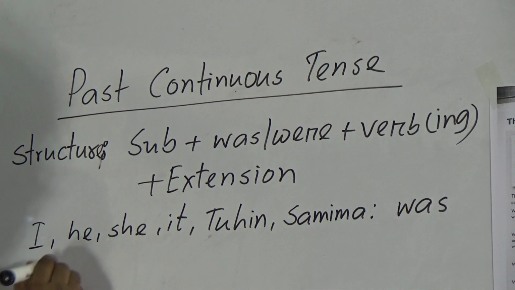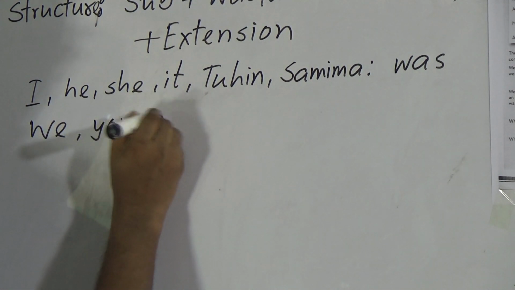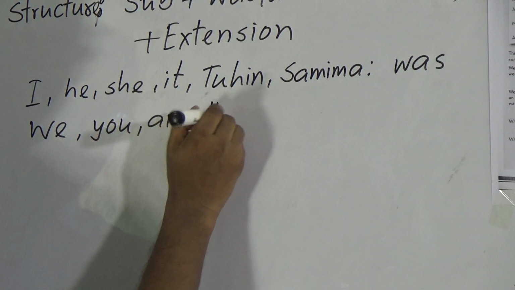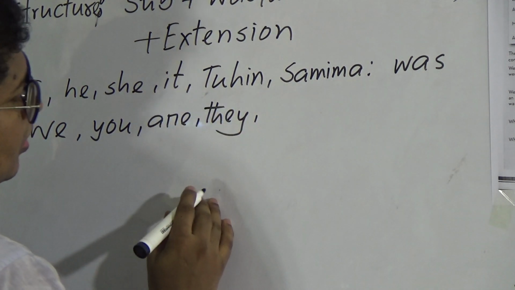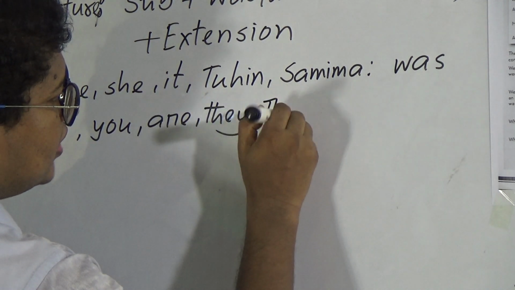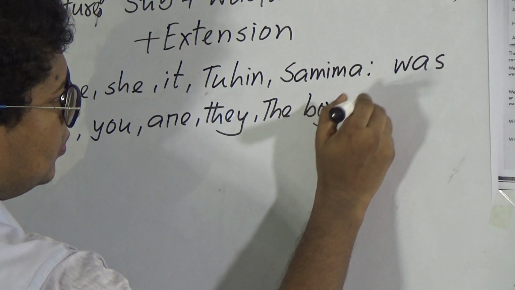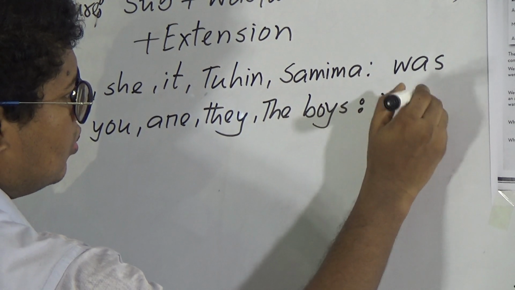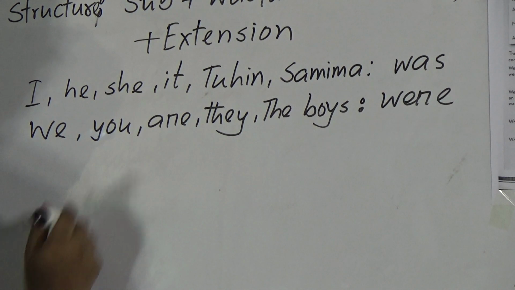Then after we, you, they, and many names like the boys, the girls, in case of plural, we use were.